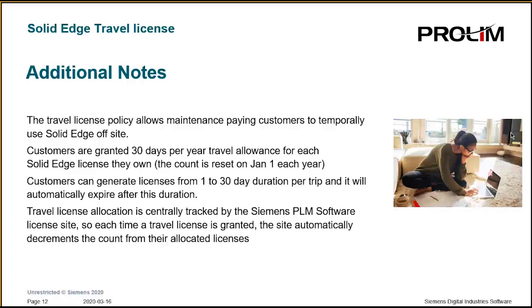Customers can generate licenses from 1 to 30-day duration per trip, and it will automatically expire after this duration. And a very important note here, these travel licenses are tracked by the Siemens PLM software license site. So each time a license is granted, the site automatically decrements this count from their allocated licenses.